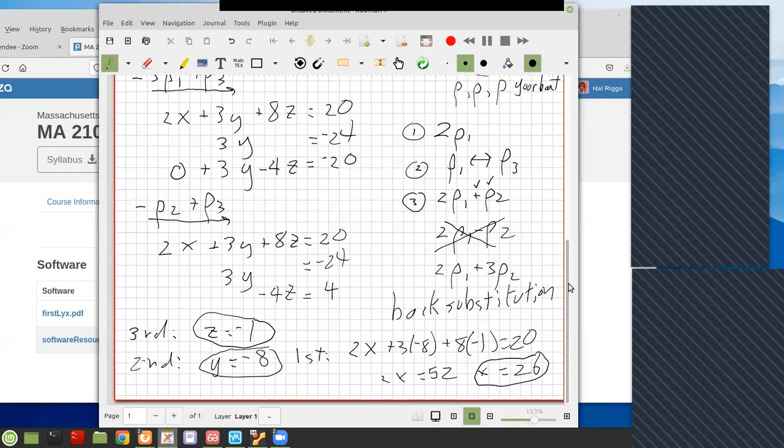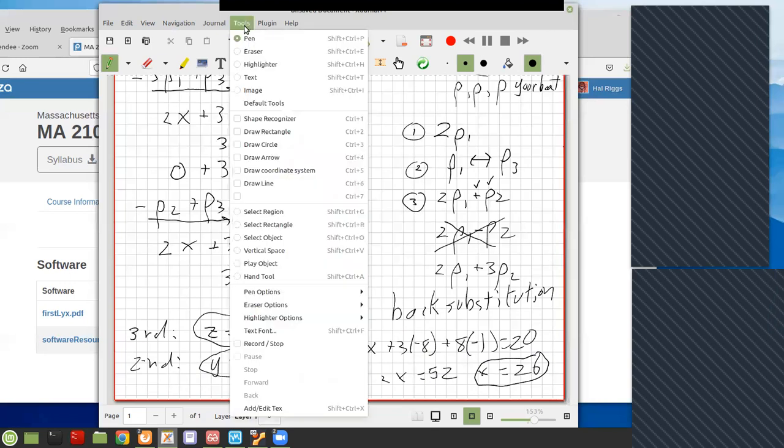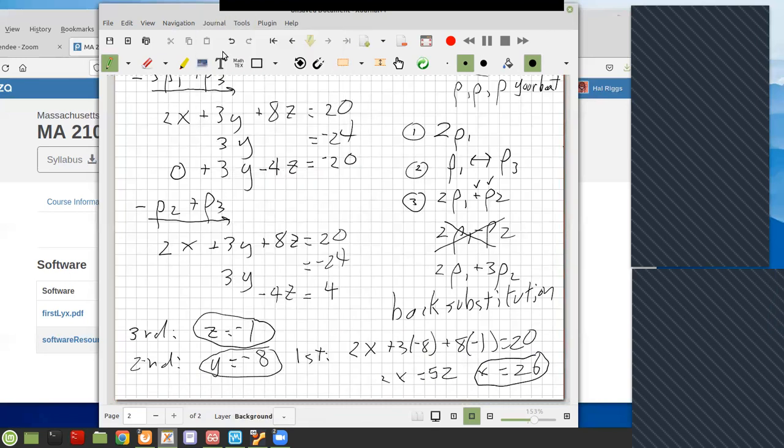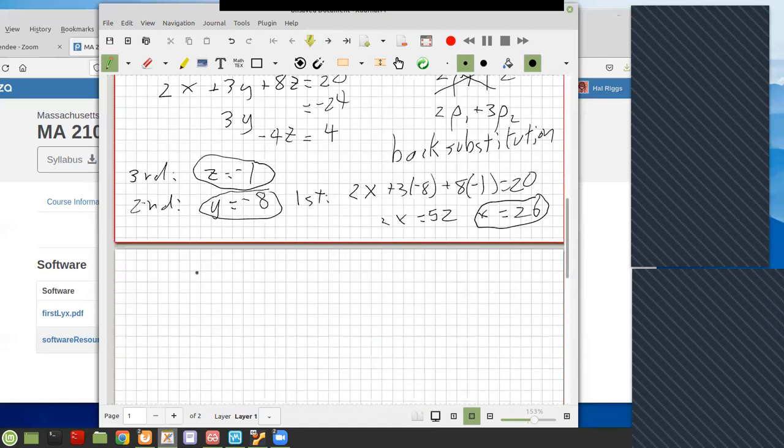And hopefully, let's see. So given this is correct, how would we write the solution? Our tentative solution is S equals the set of the one triple x equals 26, y equals -8, and z equals -1.